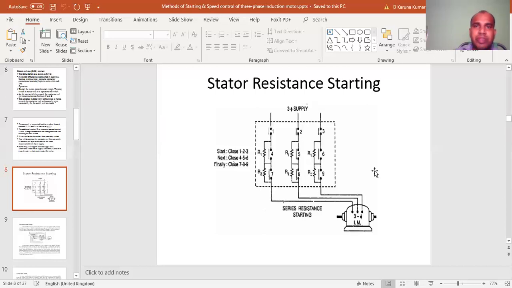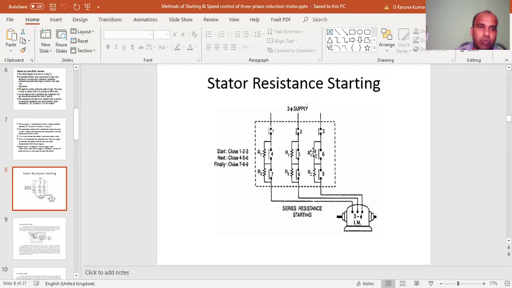One more method is the starter resistance starting method. In this method, external resistances are connected in series with each phase of the starter winding, the phases being R, Y, B, so there are 3 phases, during the starting mode.